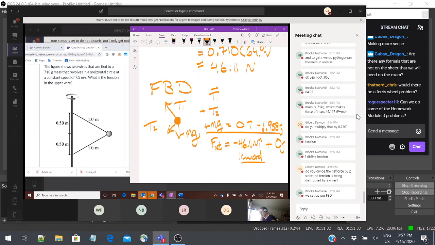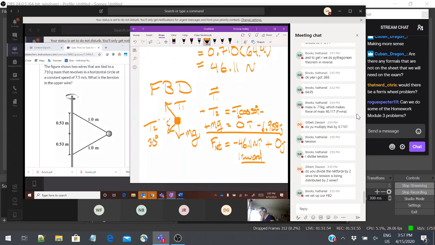Okay. T2 is going to be whatever it is times cosine of our angle theta, which we know is 30 degrees because we remember our special triangles.